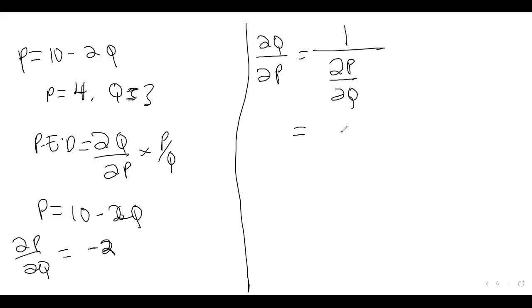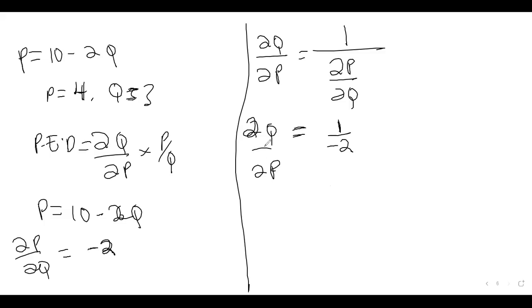So that will give us 1 over minus 2. Because the dP over dQ is minus 2, the inverse, which is dQ over dP, means that you do 1 over minus 2.